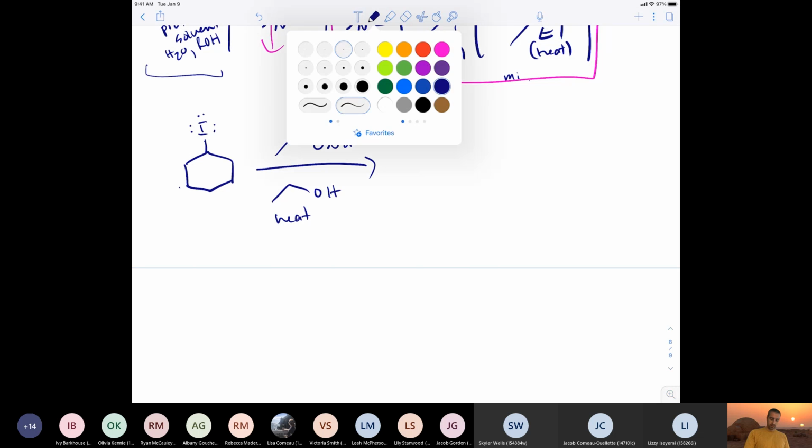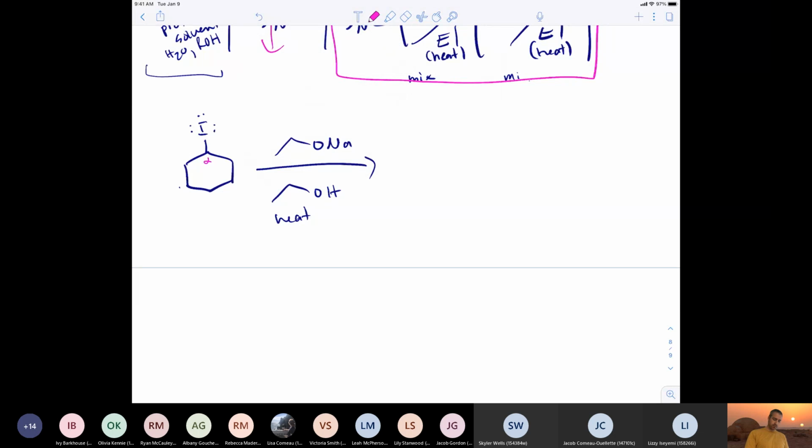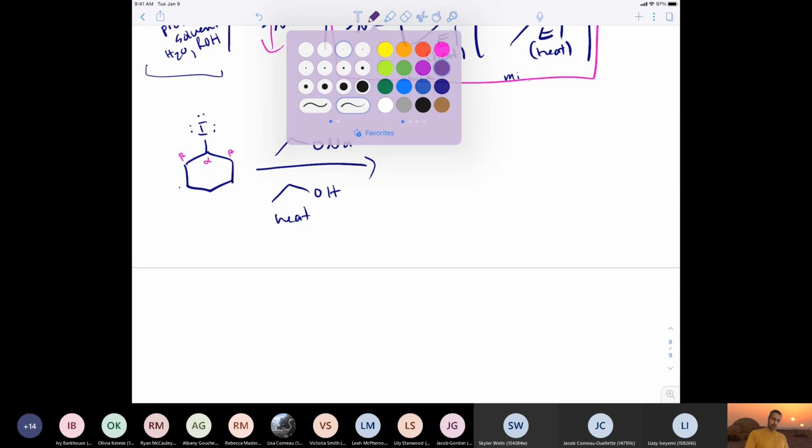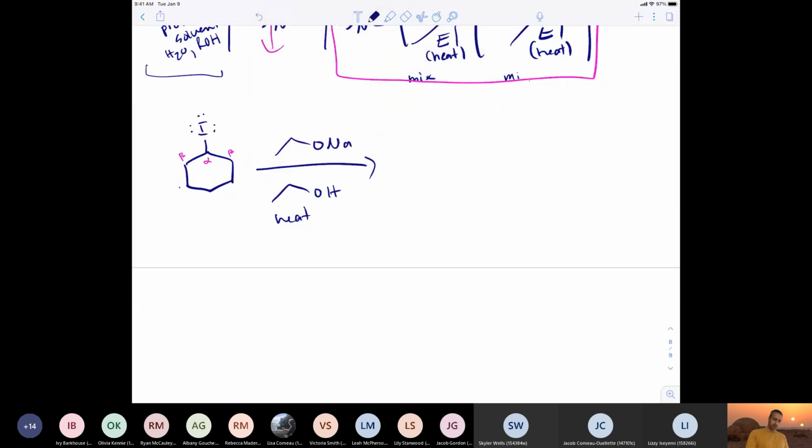And how do you do that? Well, alpha is the one with the leaving group. Count your betas. Two betas mean this is secondary. Great, we got a secondary alkyl halide here. What are the conditions? Is this a nucleophile, an alkoxide?